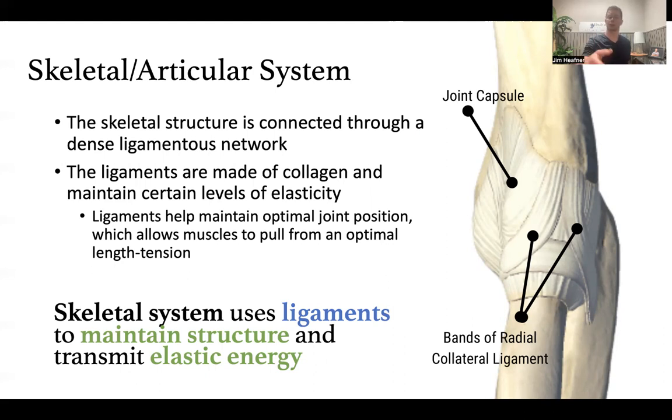So the skeletal system uses the ligaments to help maintain your structure, and then that allows for a better or more efficient force production through the body, meaning that you can take in elastic energy, let's say when you're walking, and use that to put energy back out versus that energy going right into your bones, into your joints.